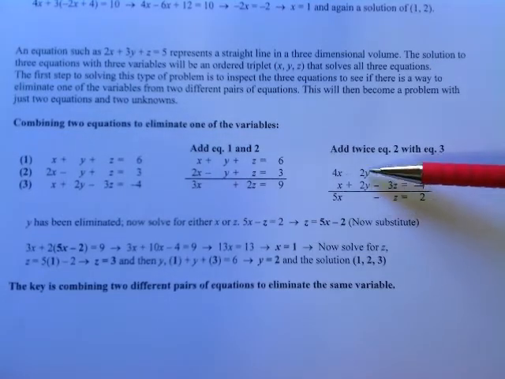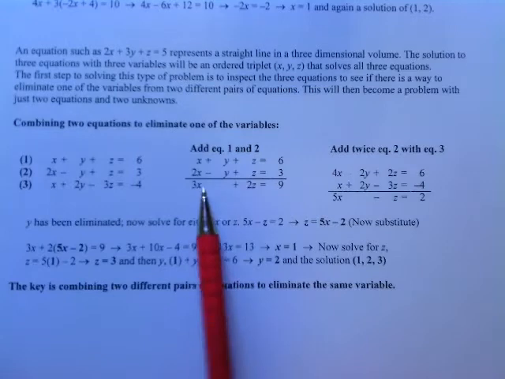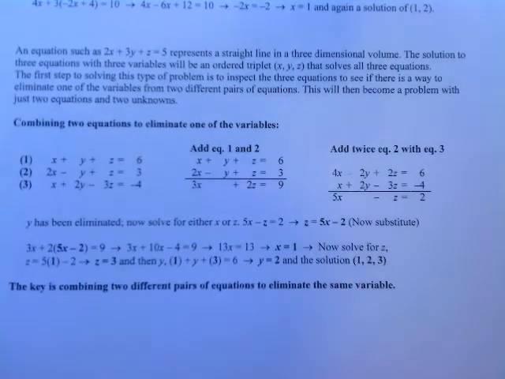Now it is, again, the y values that are canceling out, and this will leave us with two equations in which we only have x and z in the two results.